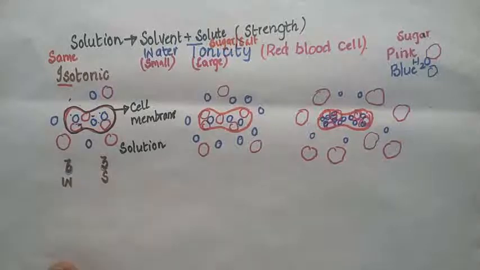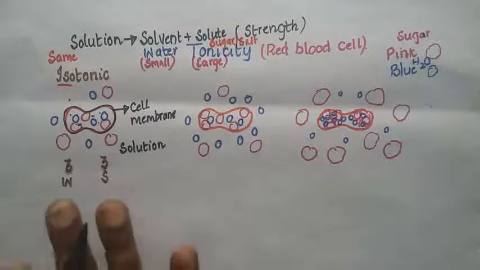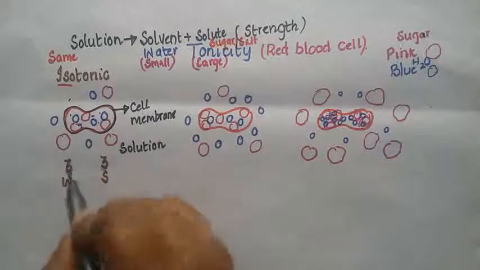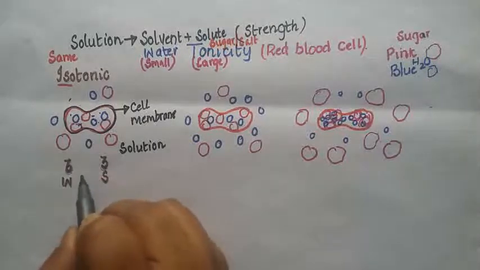A solution in which the number of water molecules and solute molecules are the same on either side of the cell membrane, due to which you will never find osmosis occurring. Since you have the same number of molecules on either side, we do not find osmosis occurring.